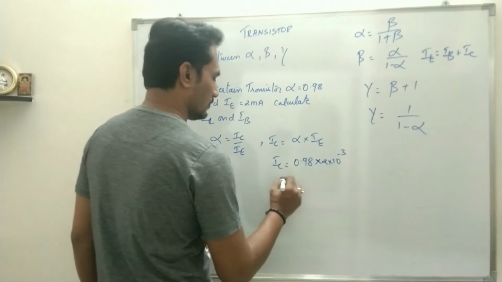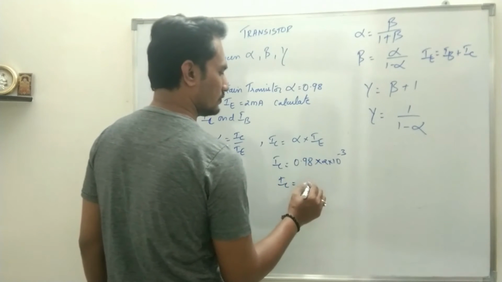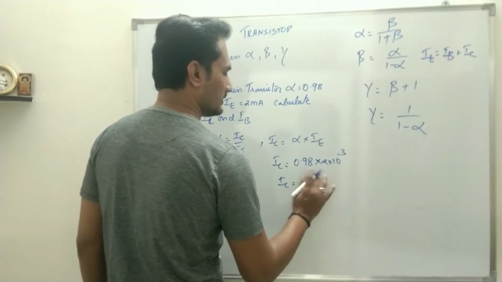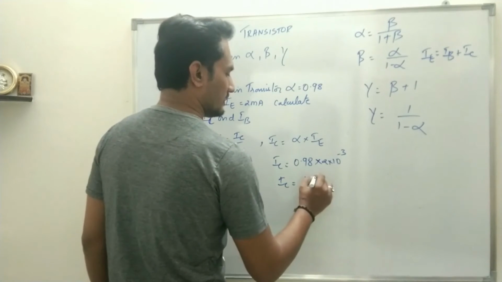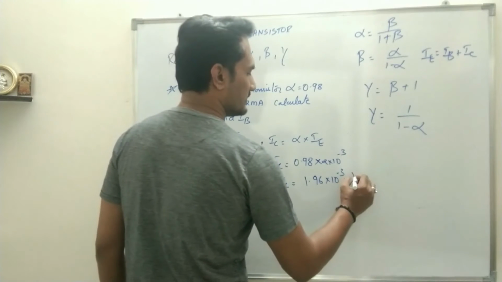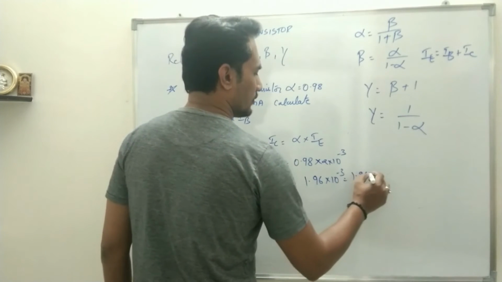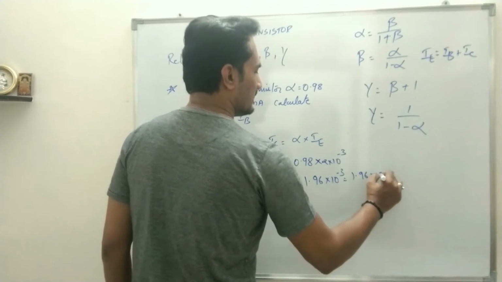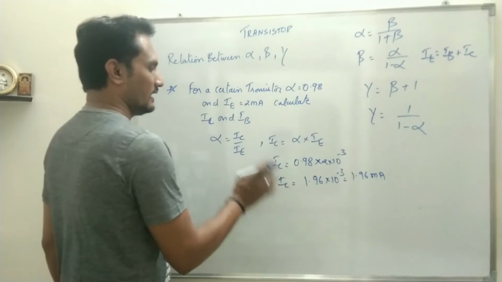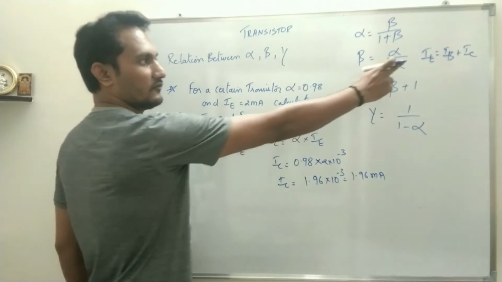So now when you calculate, the value of IC comes out to be 2 multiplied by 0.98 is 1.96 multiplied by 10 to the power minus 3, or I can say it is 1.96 milliampere.